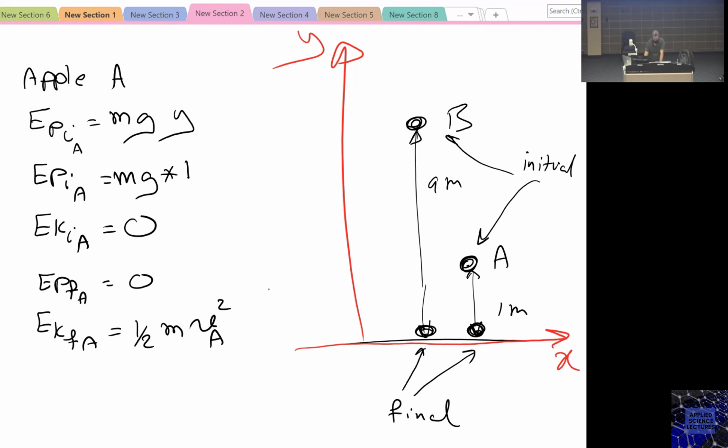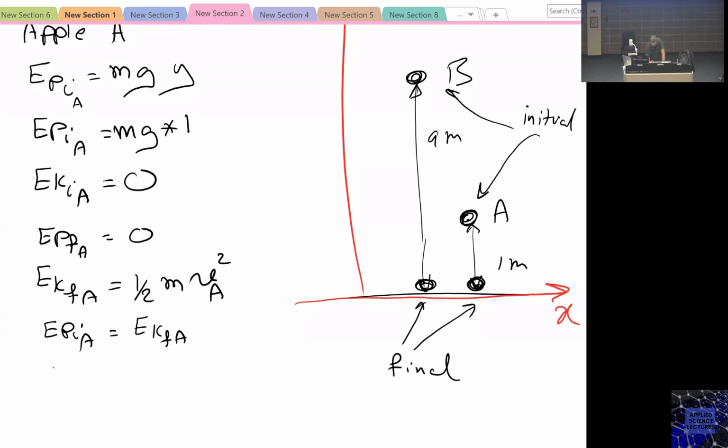Right? Now, applying the conservation of energy, what do I get? I get EPI for A equals to EKF for A, right? Which means mg, the 1 is gone, equals to half m vA squared.